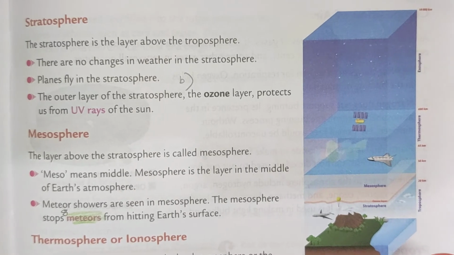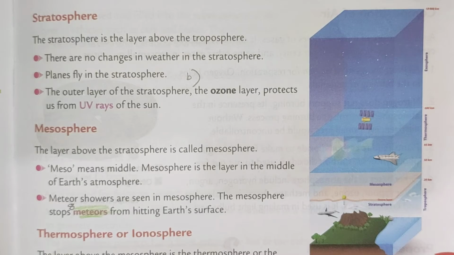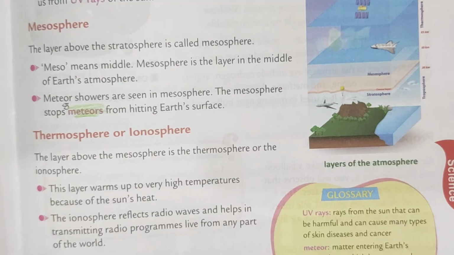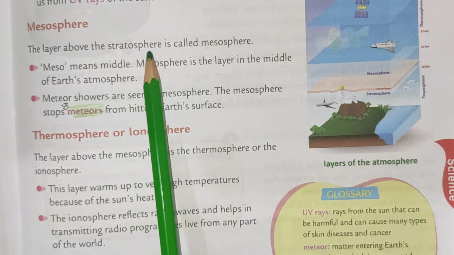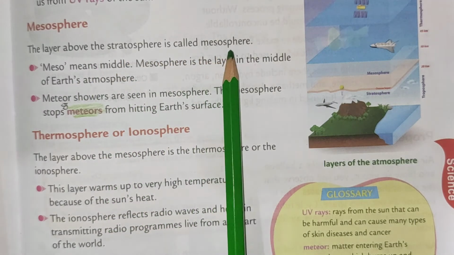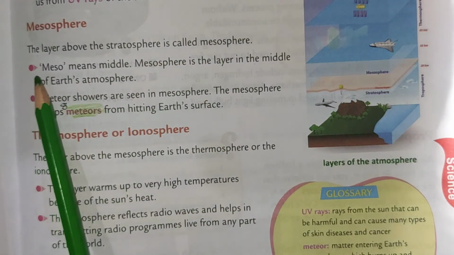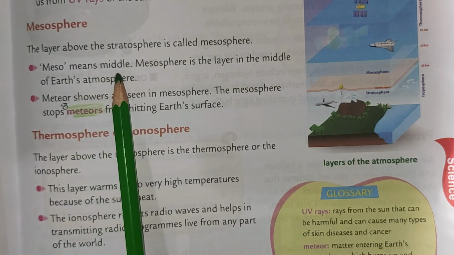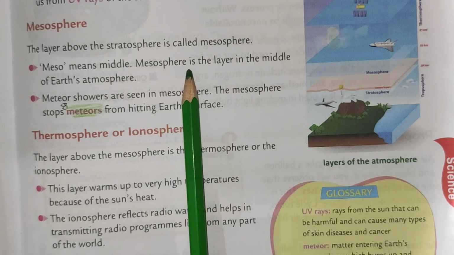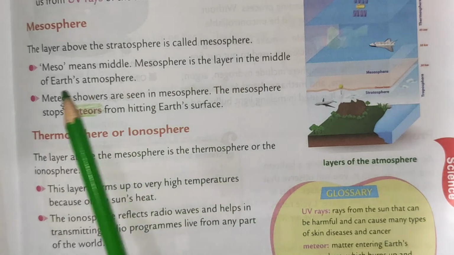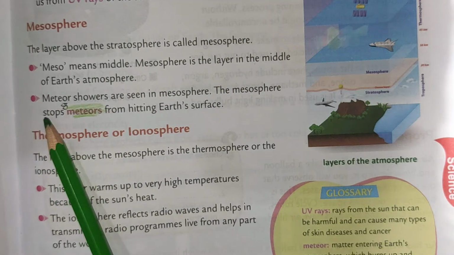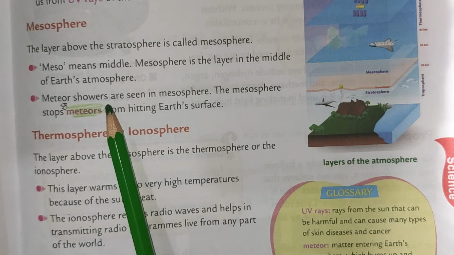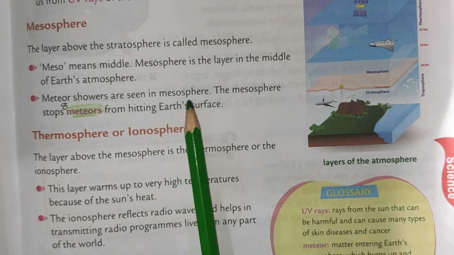The next and the third layer of the atmosphere is the mesosphere. The layer above the stratosphere is called mesosphere. Meso meaning middle. Mesosphere is the layer in the middle of Earth's atmosphere. Meteor showers are seen in mesosphere.